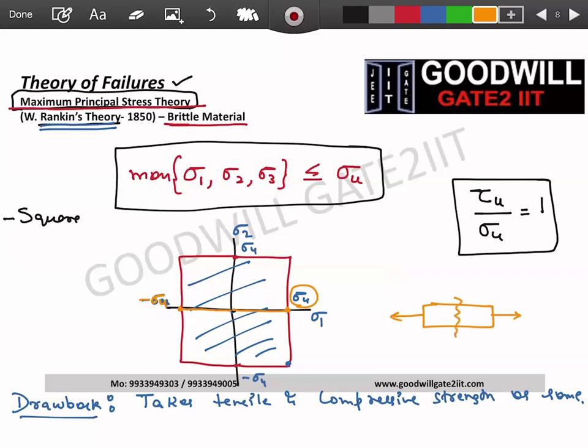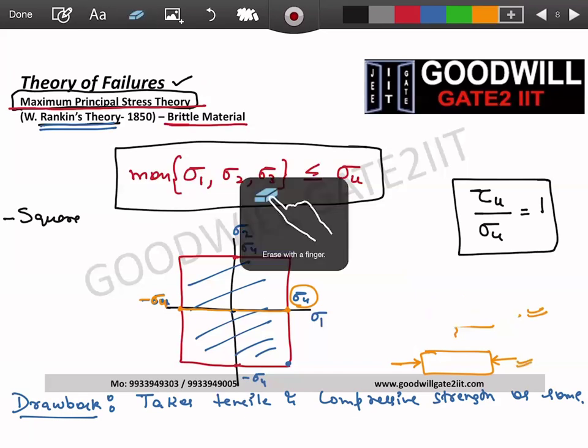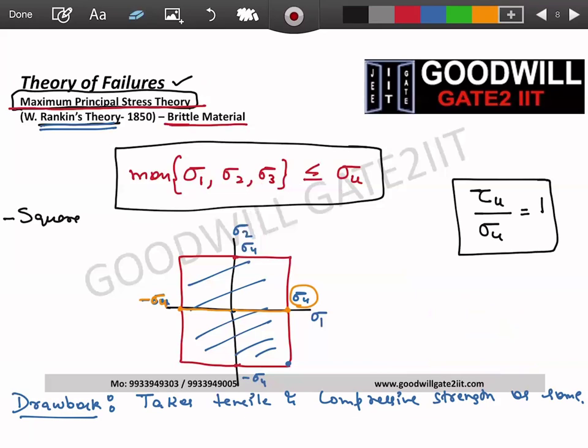But if you compress it, believe me, guys, it is maybe 10 times or 100% more difficult to break this body. Crushing, I told you, is really next to impossible. Even if I give you a very simple, soft material, you can break it into two pieces with tension very easily, but compression is difficult. This is the only drawback, that it takes both tensile and compressive strength as same.